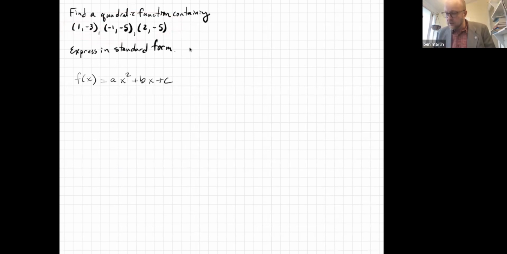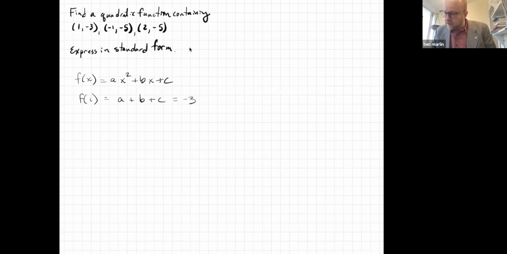So what we're going to do is to simply plug in on this. If you plug in 1 for your x's, you should have a times 1. So I'm just going to write a, and b times 1. I'm just going to write b, and plus c. And that should then turn out to be equal to -3.